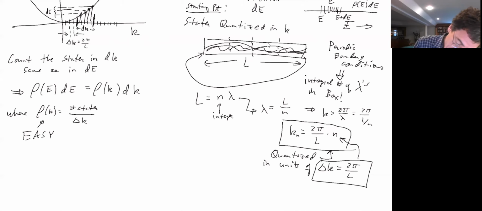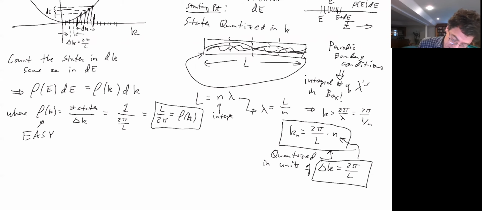And it's easy because we know that we have one state per delta K, which is 2 pi over L, so that is equal to L over 2 pi, which is rho of K. So rho of K is always the easy one. Easy.